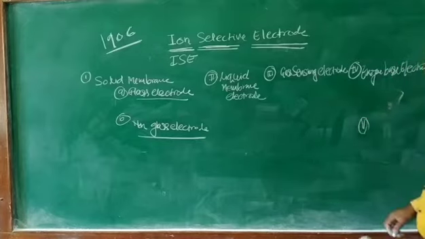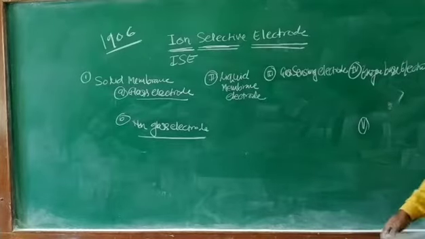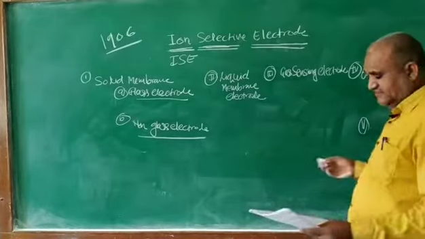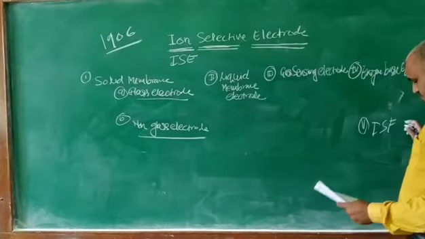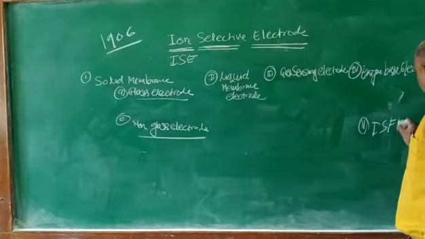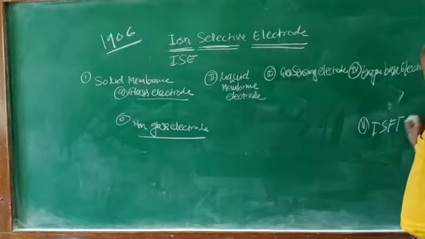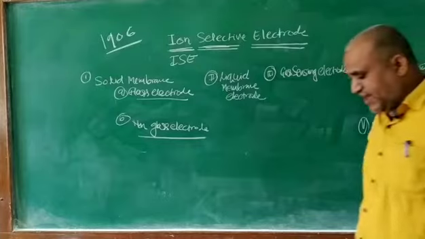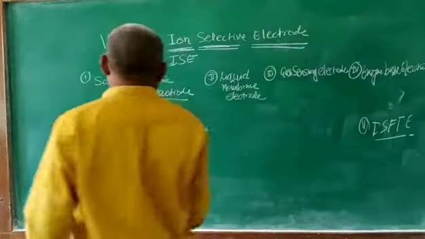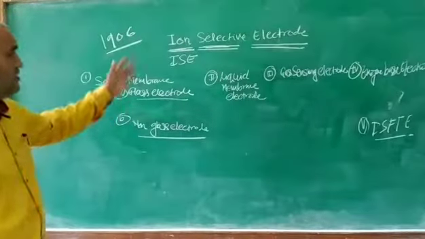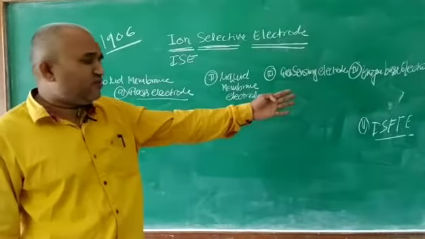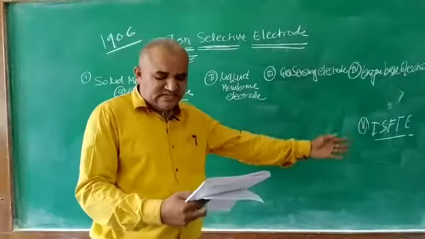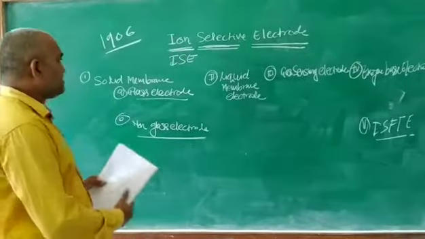And fifth, ion selective field transistor electrode. So ion selective electrodes are generally classified into solid membrane electrode, liquid membrane electrode, gas sensing electrode, enzyme based electrode, and the ion selective field transistor electrode.